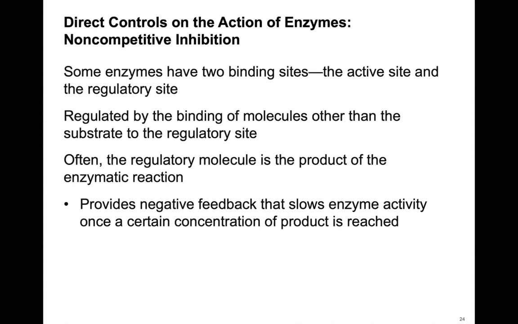By binding of that inhibitor to the allosteric site, it changes the shape and structure of the protein making up the enzyme. When that occurs, the active site is no longer in the same position and shape as it once was. Because the active site has changed shape, the substrate is not able to bind and you inhibit the enzyme.